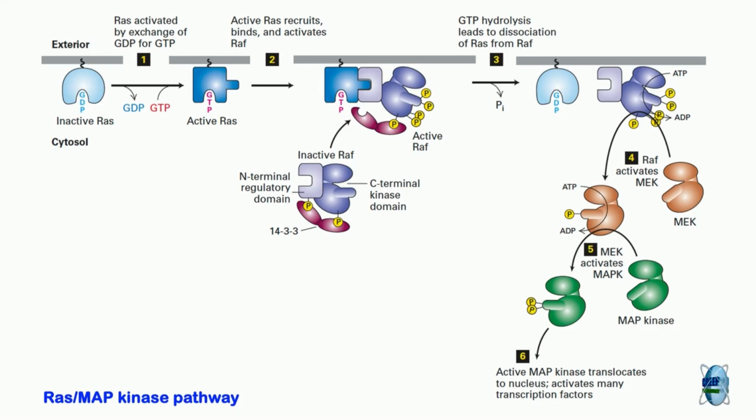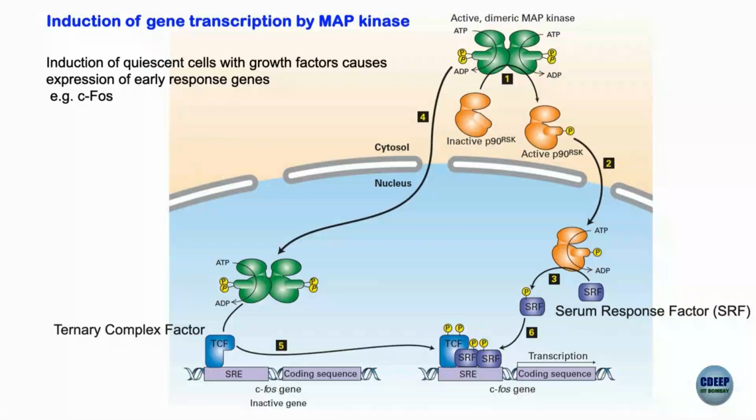We saw two examples. Take the CFOS example. CFOS is the one when your cells are starving and then suddenly you give them food. Now you want to grow, you want to proliferate quickly, right? In that case, you want to switch on all the genes required for cell proliferation. This is one type of response, right? When you are starving, you get food and you want to drive that.